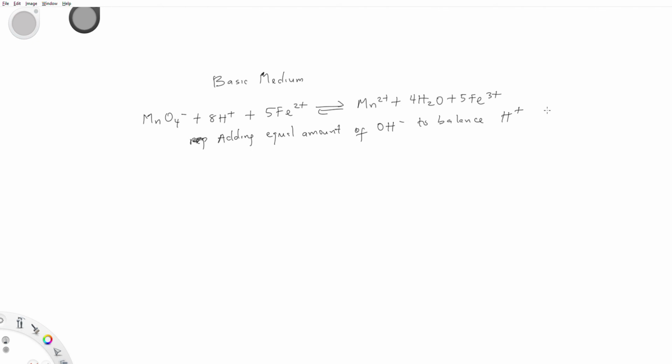In order to balance in a basic medium, you must add equal amount of hydroxyl ion to balance hydrogen ion. So adding equal amount of hydroxyl ion, that means we need to add 8 moles of hydroxyl ion, isn't it? Then whatever you do on one side, you must do on the other, since it is an equation.